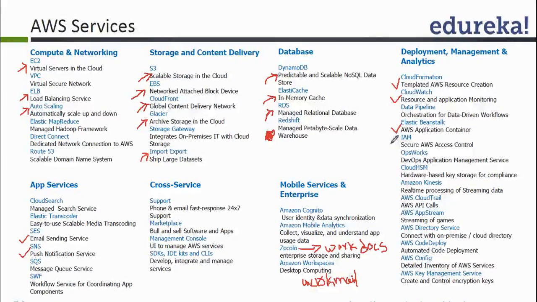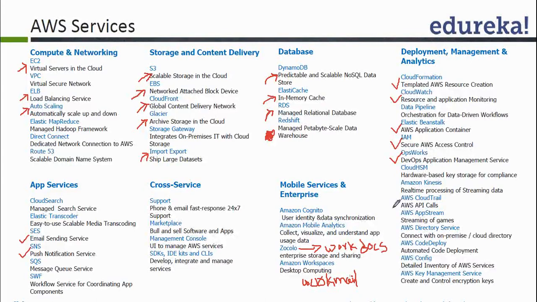Amazon IAM, or Identity and Access Management, is secure access control where you can create multiple users to work with Amazon with a single account. Amazon OpsWorks is Amazon's own DevOps implementation. Amazon CloudHSM is nothing but a hardware-based key storage model. Amazon Kinesis is for real-time processing of streaming data.